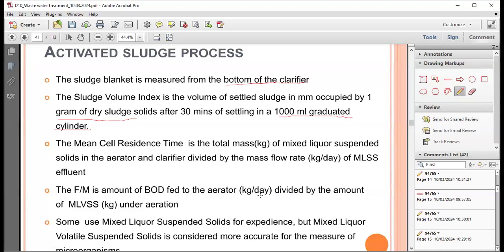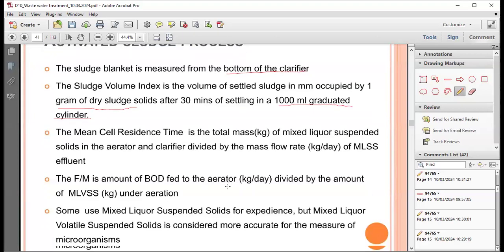You understand, the air injector is called an aerator. Some use mixed liquid suspended solids for expedience, but mixed liquid volatile suspended solids is considered more accurate.